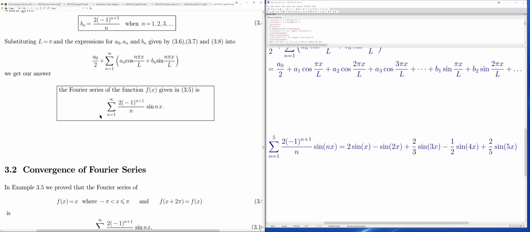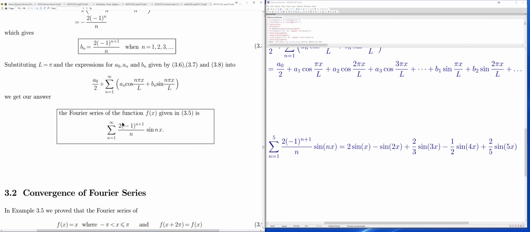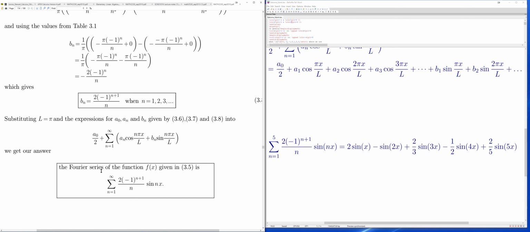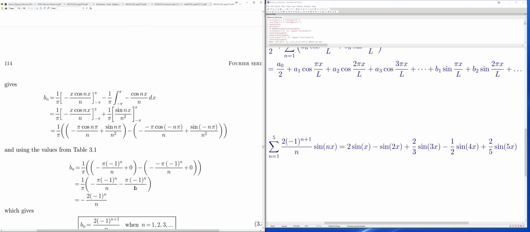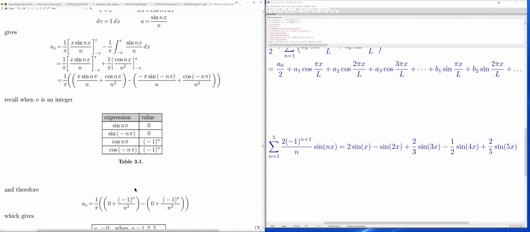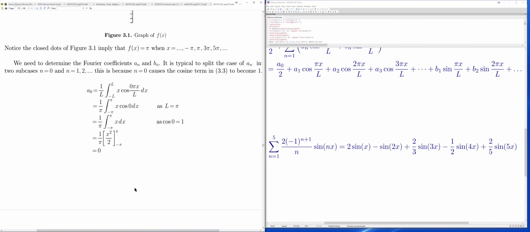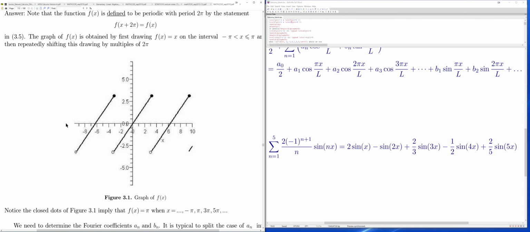Now, the point is that this Fourier series is essentially the same as the function that was given to me, which is this function over here, with some exceptions because of the discontinuities.